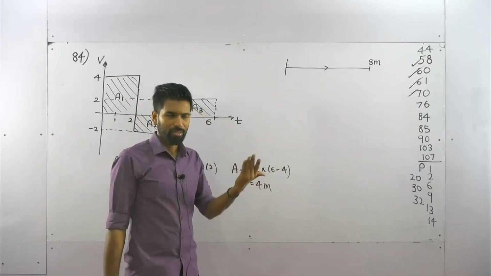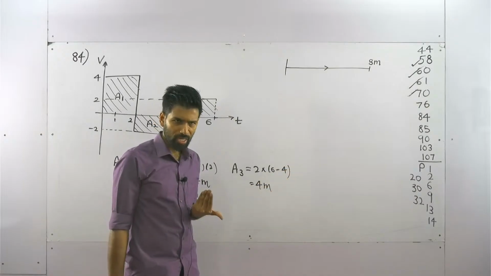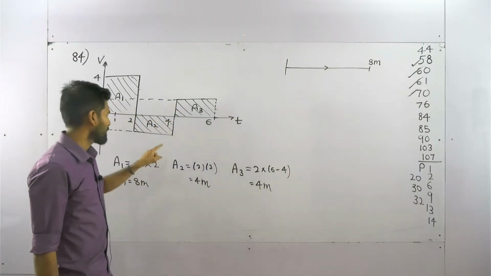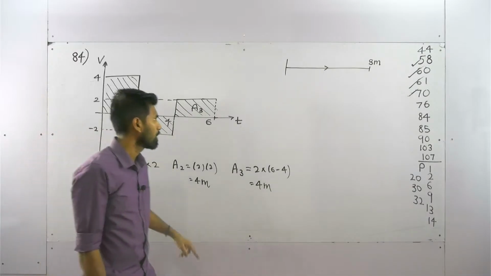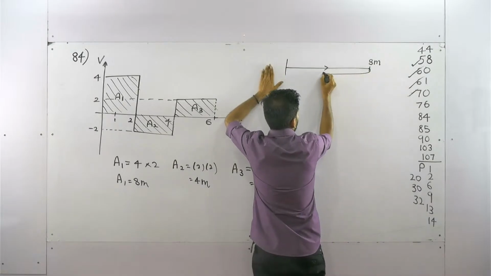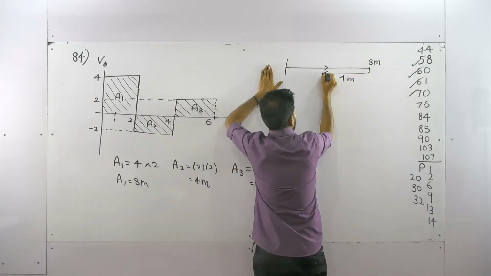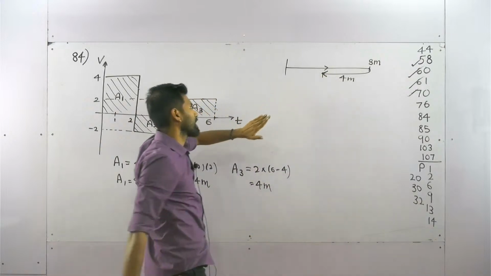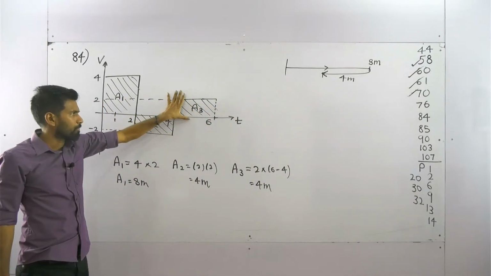After turning, the distance that it comes back to the initial side is the area under the curve for these minus velocities. So it's 4. That means after 8 meters, it's coming back another 4 meters from this side, and it will come to here. Then again, the graph moves to a positive velocity.